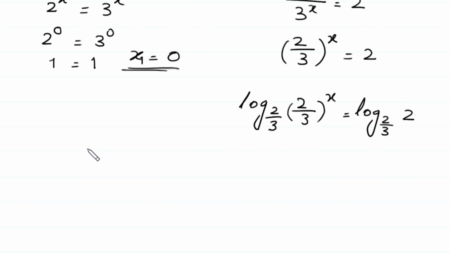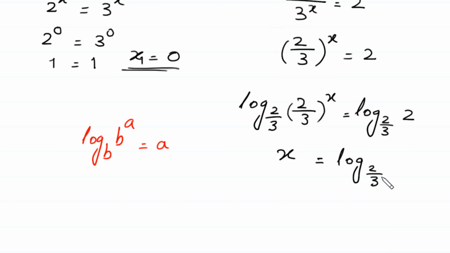Next, according to the property of logarithms, log base b of b to the power a is equal to a. So this log base 2 over 3 of 2 over 3 to the power x is equal to x, which is equal to log base 2 over 3 of 2. This is the second value of x.